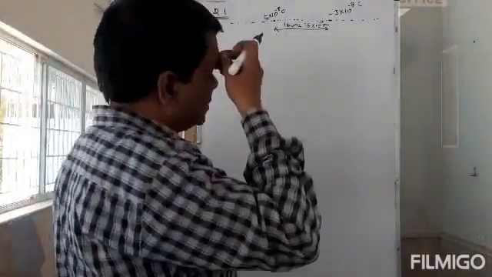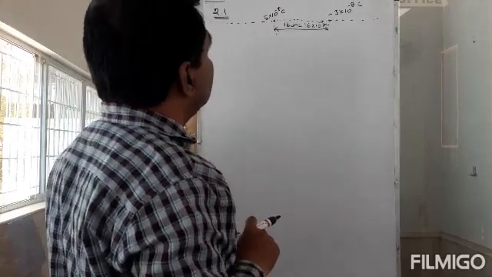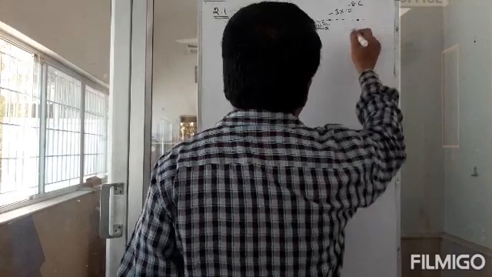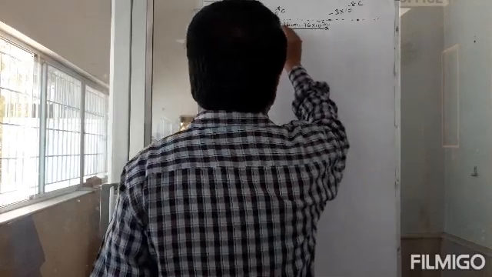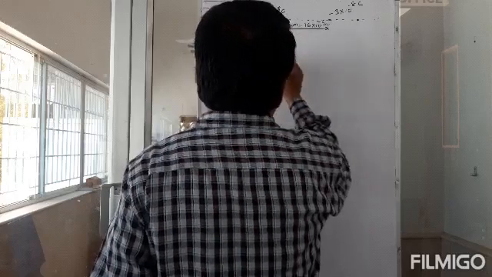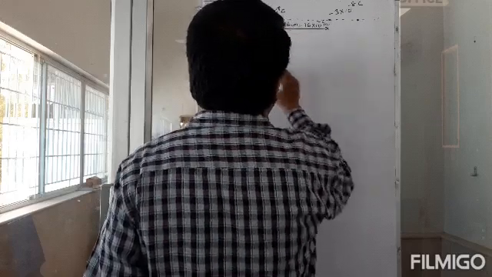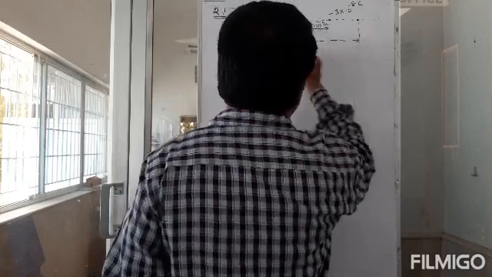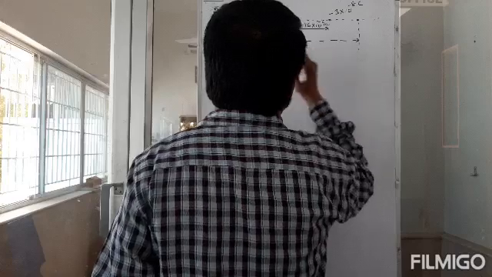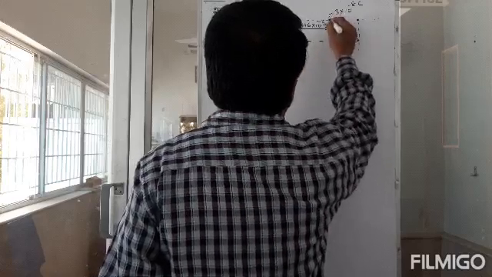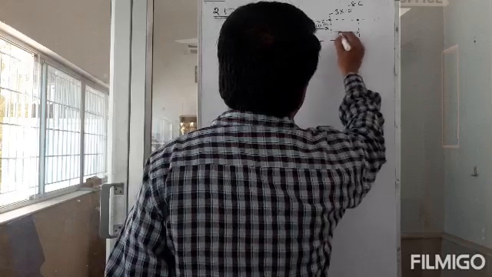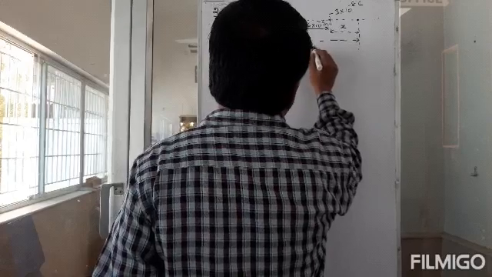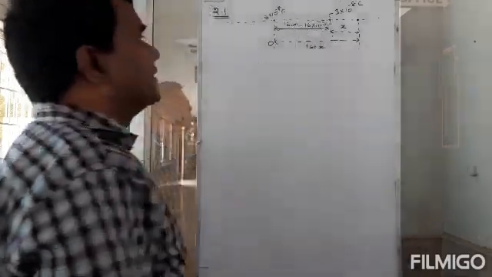Let us suppose that the potential is 0 at some point here, and let us take this as the origin O. I'll take this distance from here to be x. This is going to be 16 plus x centimeters.